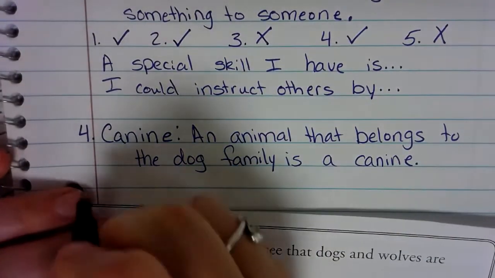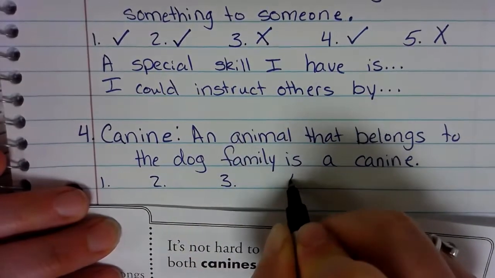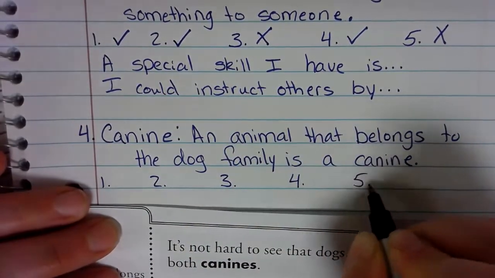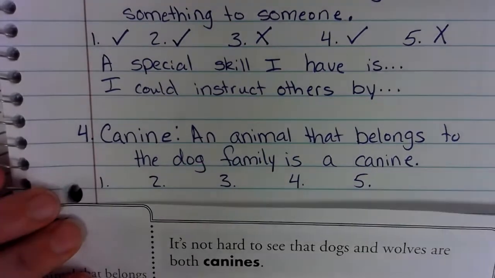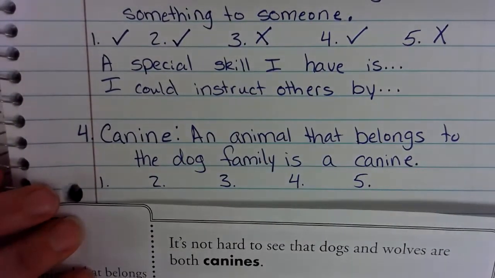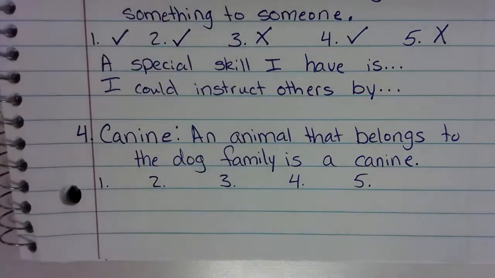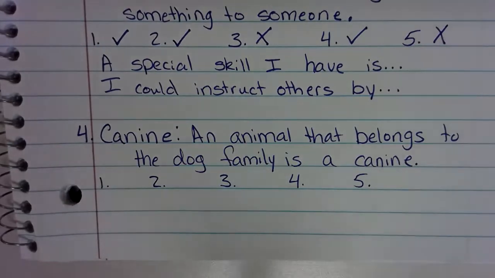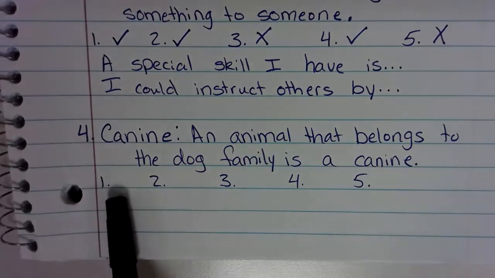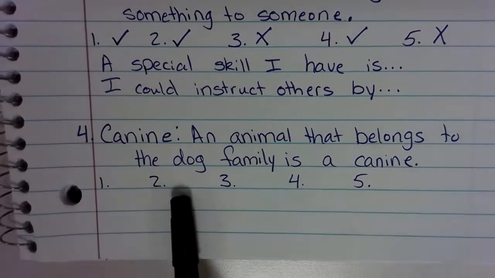All right, so now we're going to number our paper 1 through 5. I like to go across the line to save paper. And what you're going to do is you're going to put a check if what I say belongs to a canine, and an X if what I say does not belong to a canine. Ready? Number 1, fur. Fur. Put a check or an X. Number 2, claws.